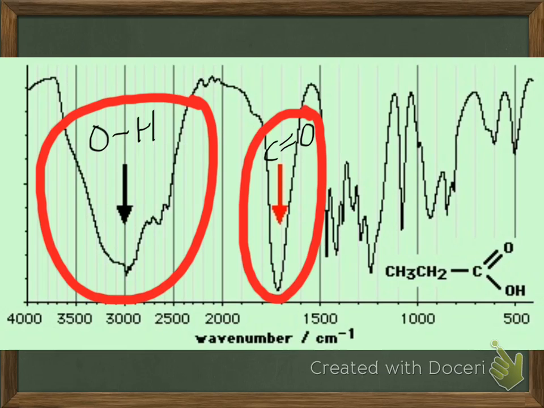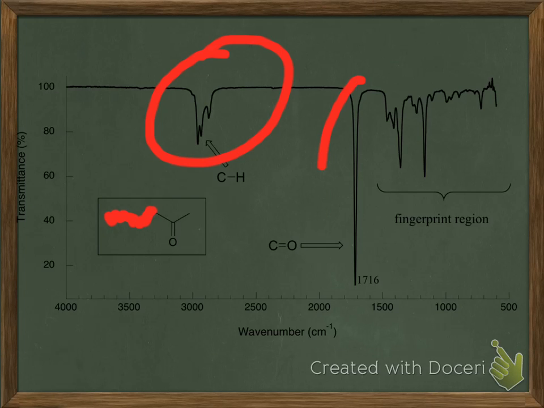Now, propanone doesn't have an OH bond, and neither does propanal. And the next one we're going to look at is propanone, which is the one that we wanted to make. And here, with the propanone, you can see that we don't have that OH stretch. So once again, we can see the CH stretches.